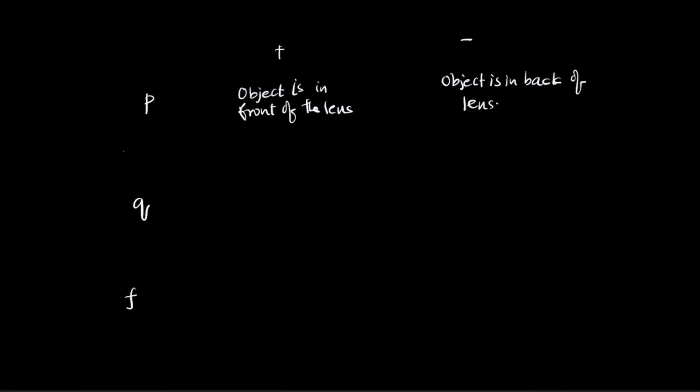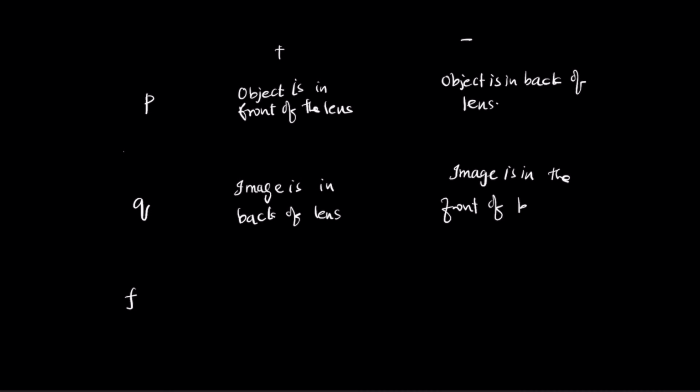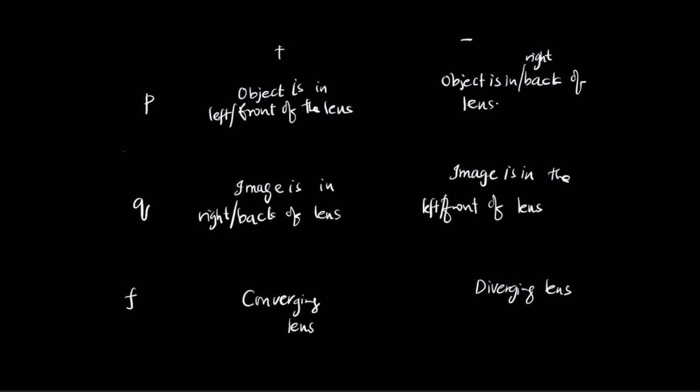Q is positive when the image is in back of the lens, and q is negative if the image is in the front of the lens. Back can also be right, front can be left. F is positive for a converging lens, f is negative for a diverging lens. So this is the nomenclature that we can use.